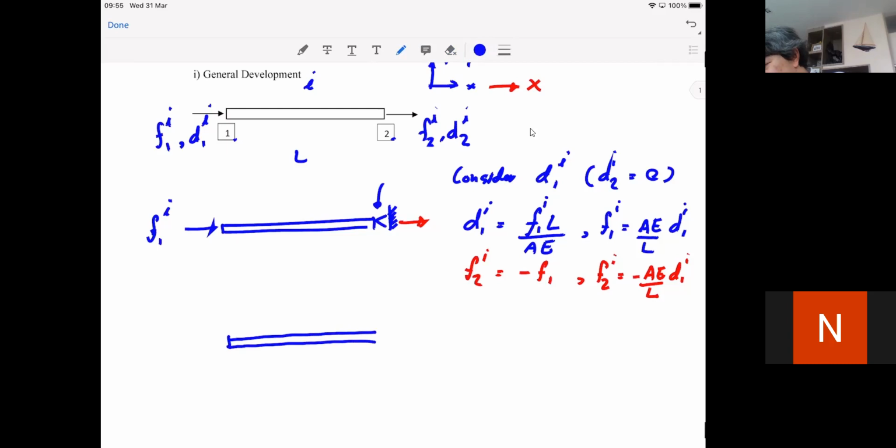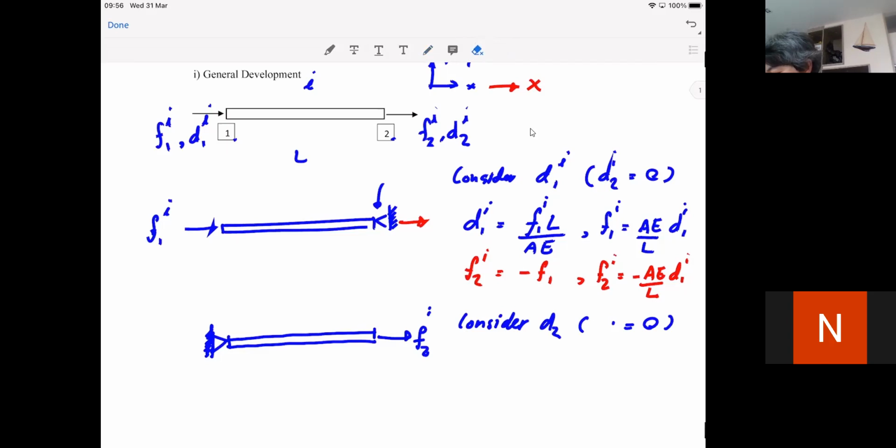If I look at the same member, but this time I add the support to the left and I apply F2 here. Consider D2 now, with D1 equal to 0.